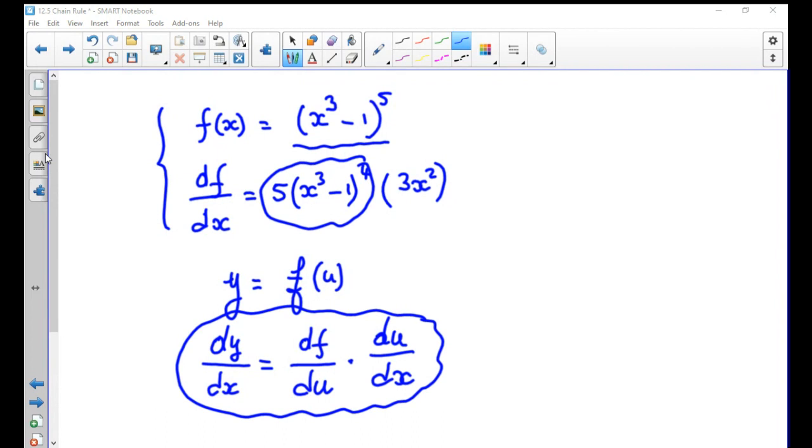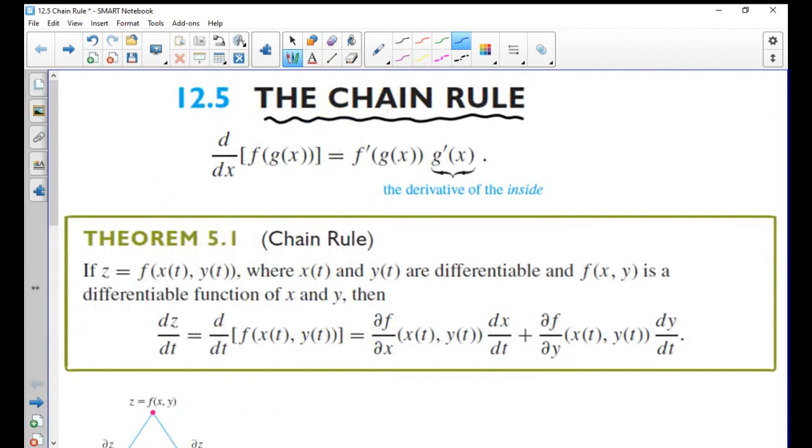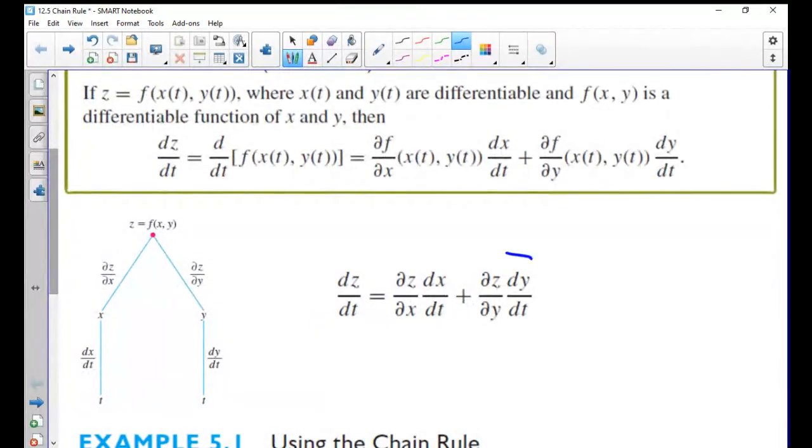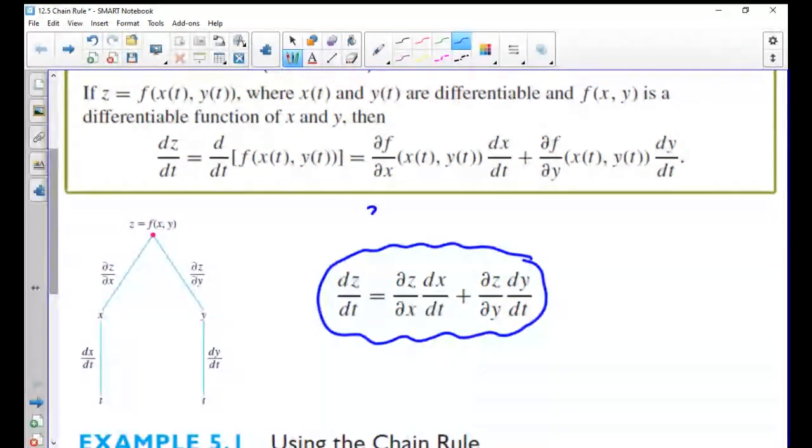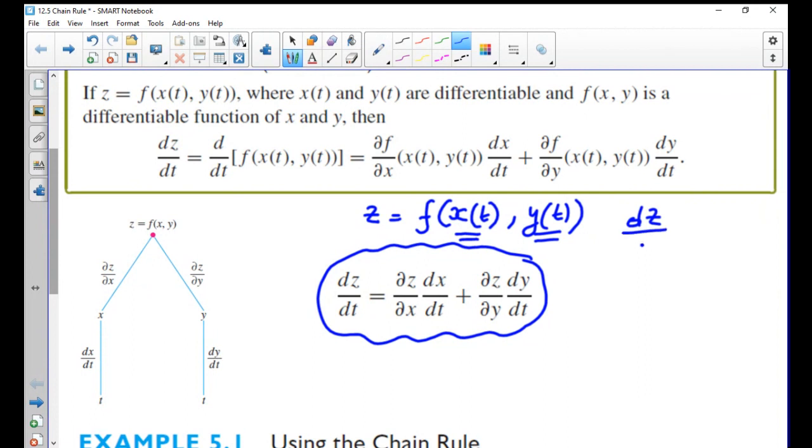So let's have a look at what happens with two variables. You have the rule here. So you have a function z, which is a function of x and y. And x itself is a function of t, and y is a function of t. So how do we get the derivative of z with respect to t?